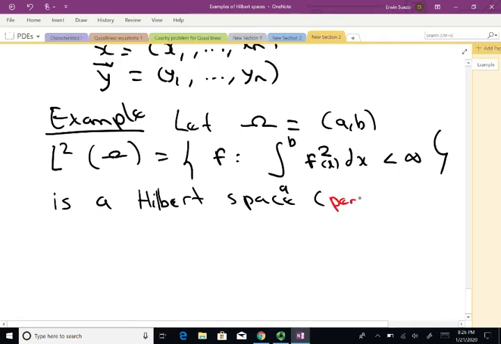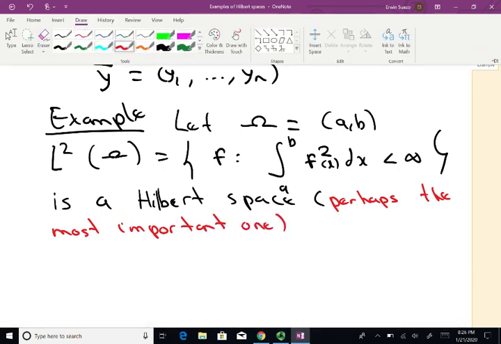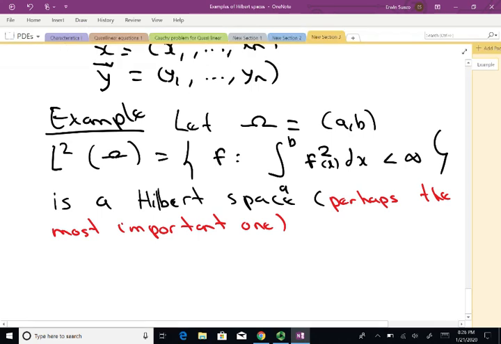Perhaps the most important one, even more important than the classical ones, because you do quantum mechanics in this space. You do classical mechanics in R3, R4, or whatever R you need, R3, R2, R1. Quantum mechanics you need to do in this space.